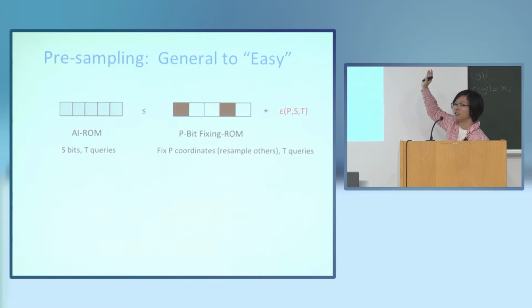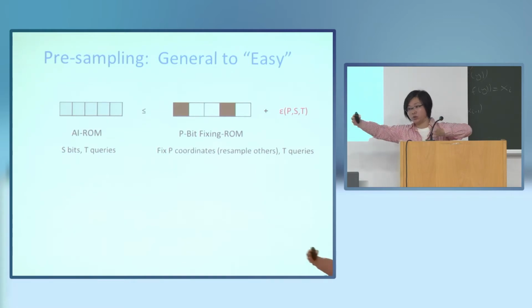I didn't understand P-bit-fixing versus what you had in the easy example on the last page. Sure, the easy one is very easy: it only fixes S locations. In the P-bit-fixing model, the locations I leak could depend on the whole truth table. Then I resample all the other locations.